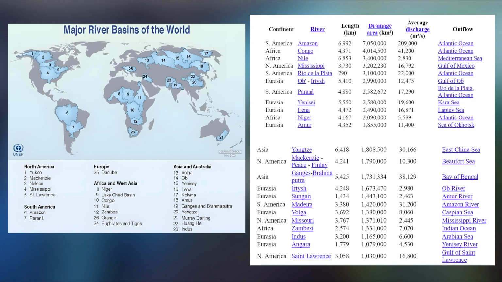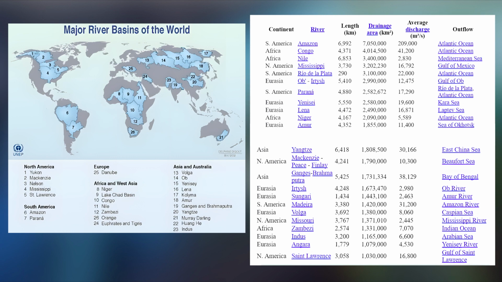In fact, I think I read somewhere that the Amazon discharges about the same amount as the next 6 or 7 largest rivers combined. So it's pretty much impossible to overestimate how enormous the Amazon River is in terms of its discharge, the total amount of water that's there. Its drainage basin is also the largest in terms of area.